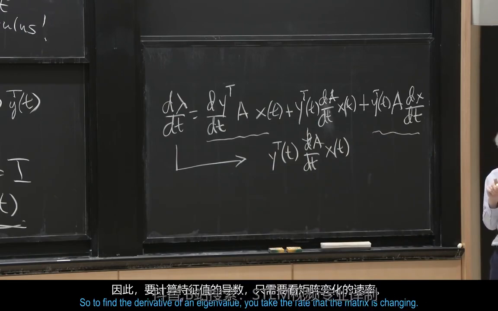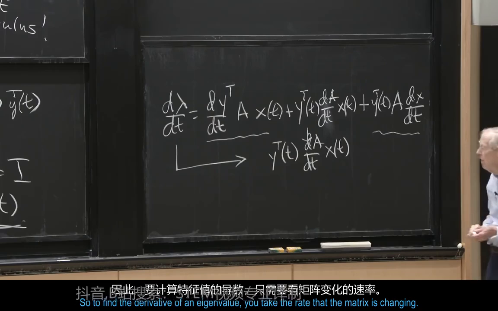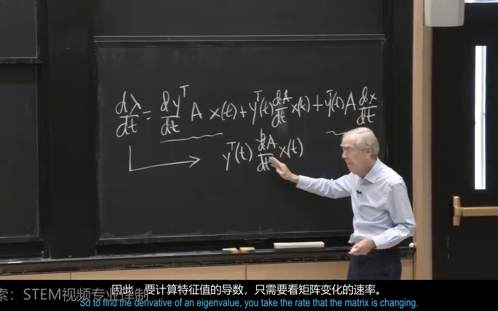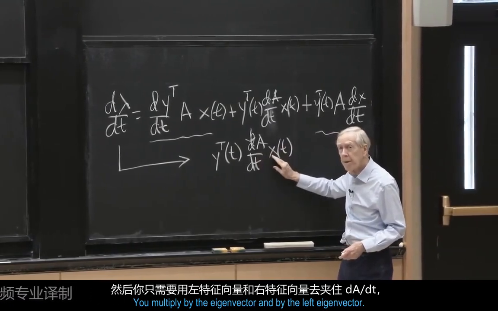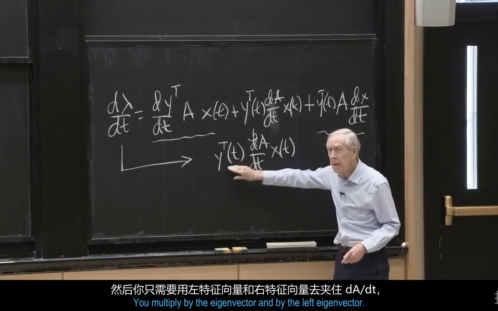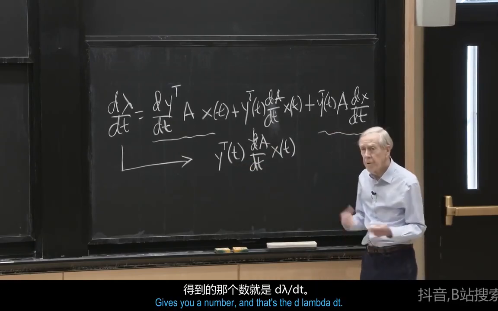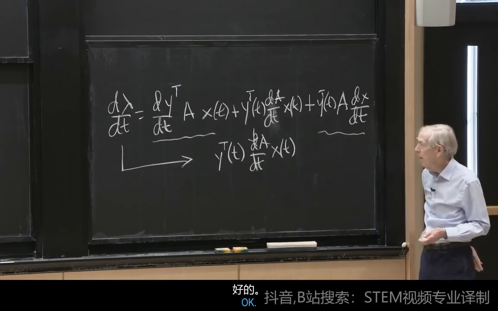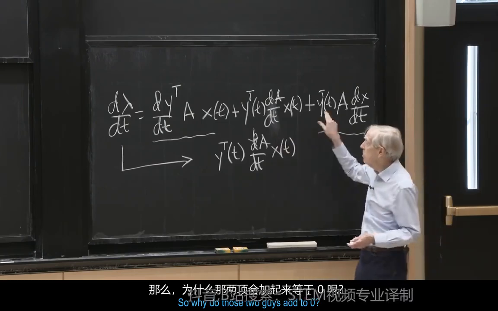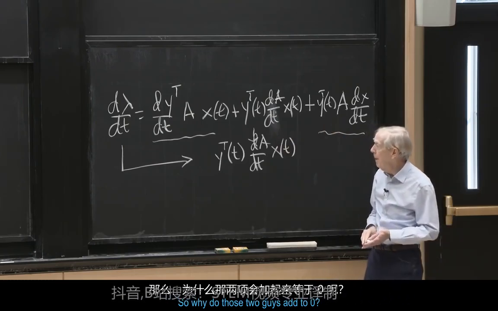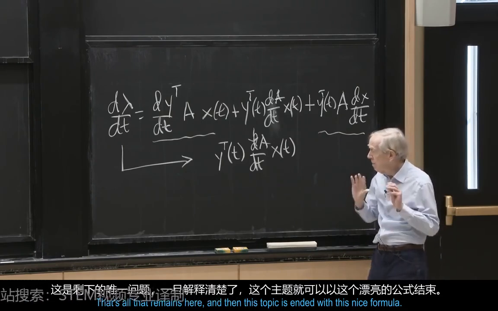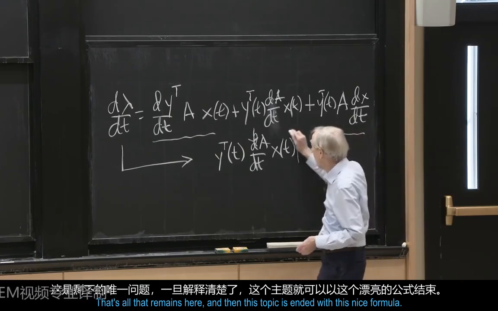So to find the derivative of an eigenvalue, you take the rate at which the matrix is changing, you multiply by the eigenvector and by the left eigenvector. That gives you a number, and that's the d lambda dt. Okay. So why do those two guys add to 0? That's all that remains here, and then this topic is ended with this nice formula.